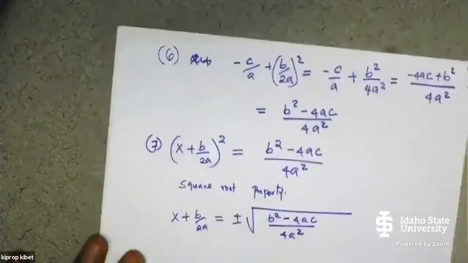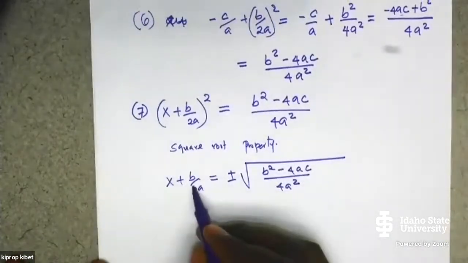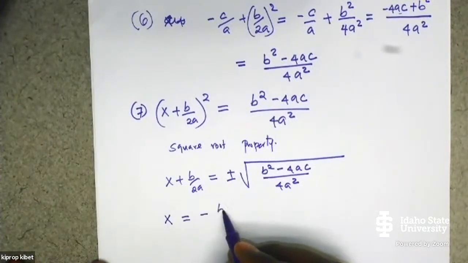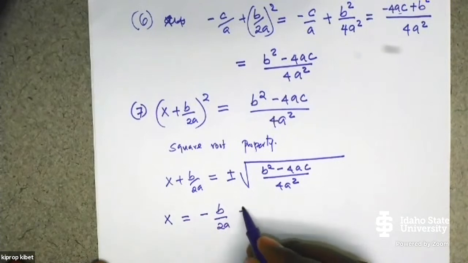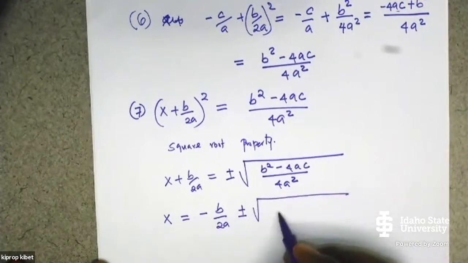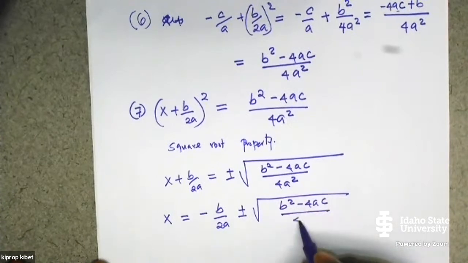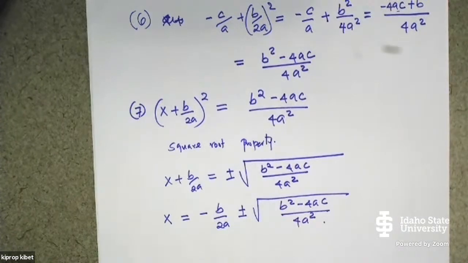Finally, we take this to the other side. So x equals minus b over 2a plus or minus the square root of b squared minus 4ac all over 4a squared. Now, what is the square root of 4a squared?